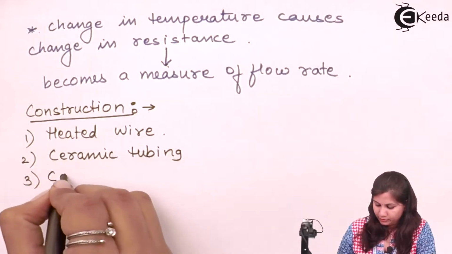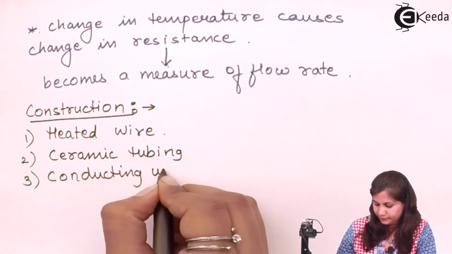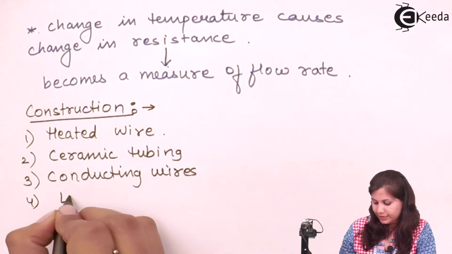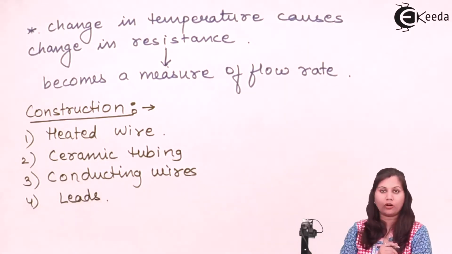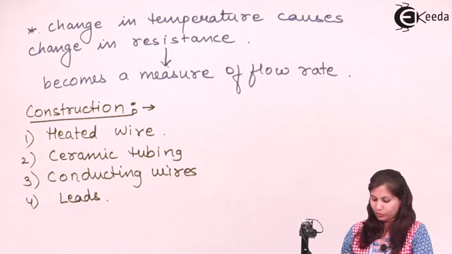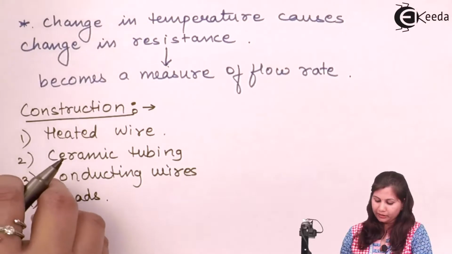Then conducting wires are there, and leads are there to connect this hot wire anemometer to the Wheatstone bridge. So these are the main components of the hot wire anemometer. Let's see its diagram.